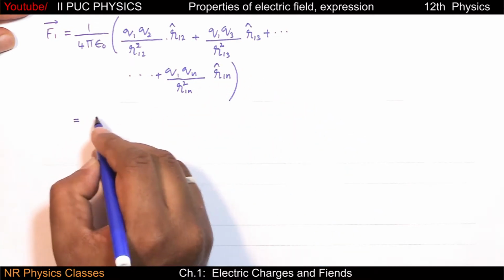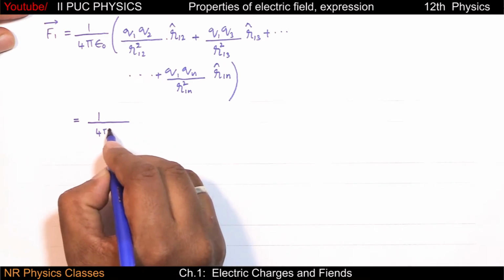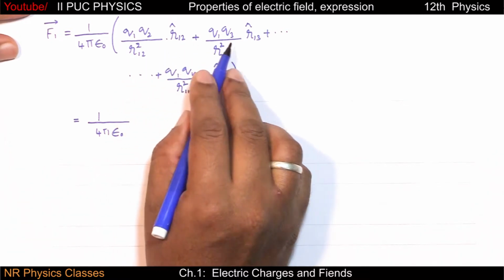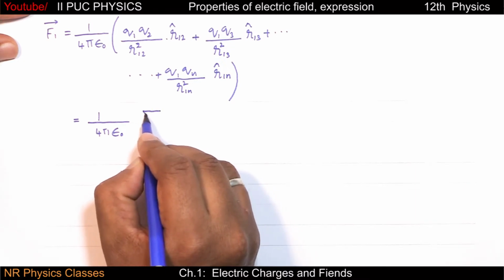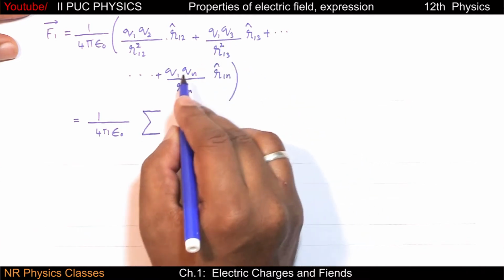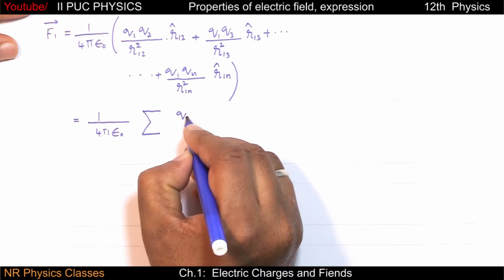So in general, the nth term is 1 by 4 pi epsilon naught. Sum of these terms, let us write summation of Q1 Q2, Q1 Q3, Q1 Qn. Q1 is there in all the terms.